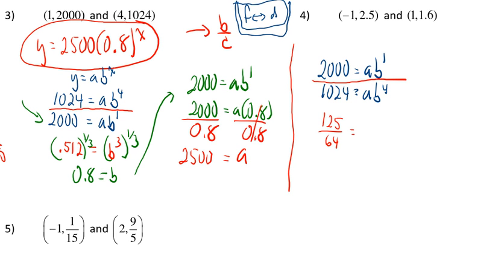So what you want to try, because this is worth spending a little time if you know how to do this on your calculator, is typing in 2,000 divided by 1024, and then hit this button. Wait, let me interrupt. What it gives is 1 and 61/64. Okay.